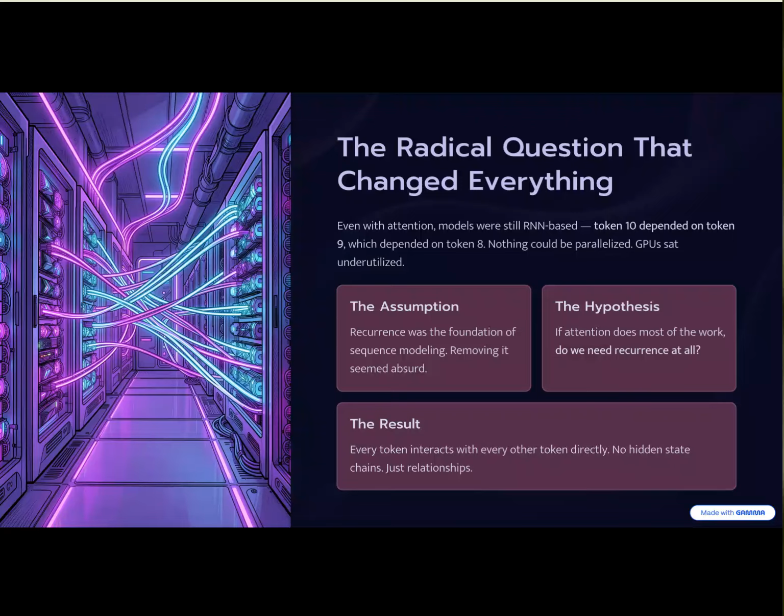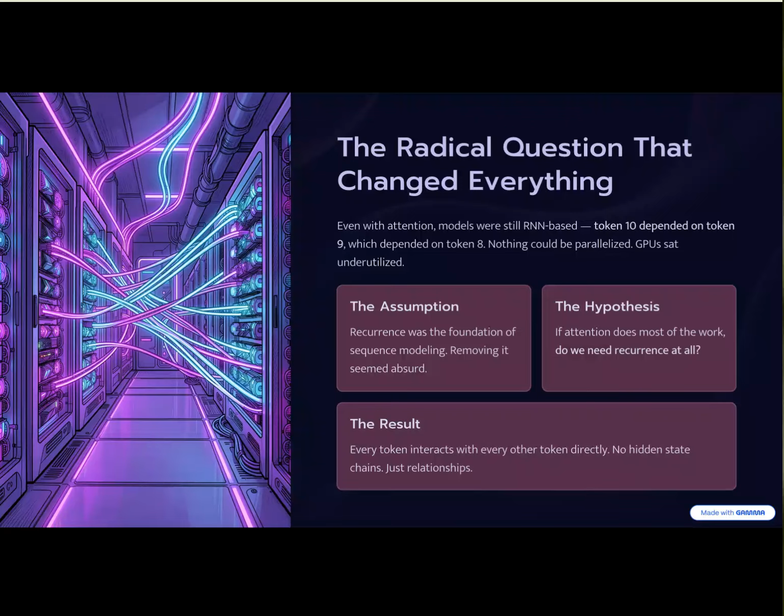Researchers had a radical question. If attention is already doing most of the important work, do we even need recurrence anymore? Because the recurrence is introducing the sequential execution. At that time, this was absurd, but RNNs had been the foundation of sequential modeling for years. Anyhow, this idea was put to the test, and in 2017, Attention is All You Need was born.